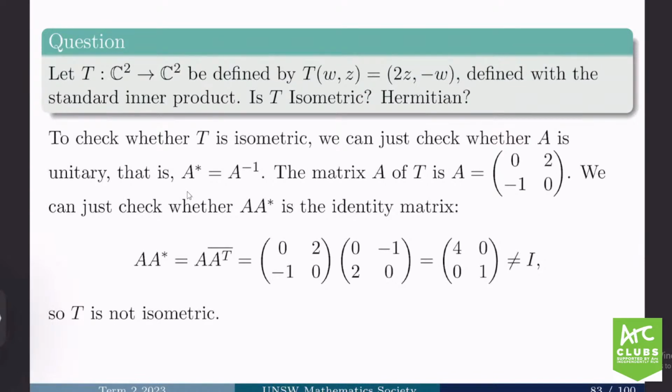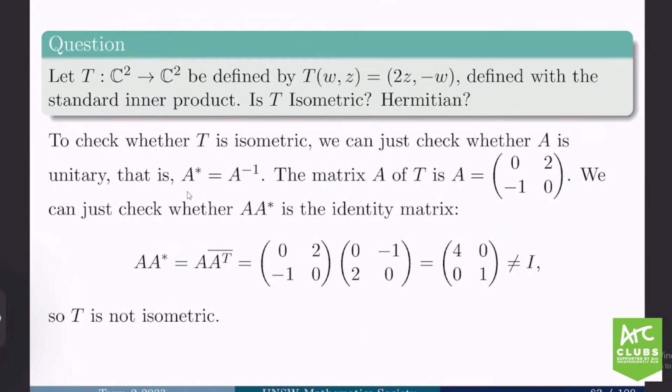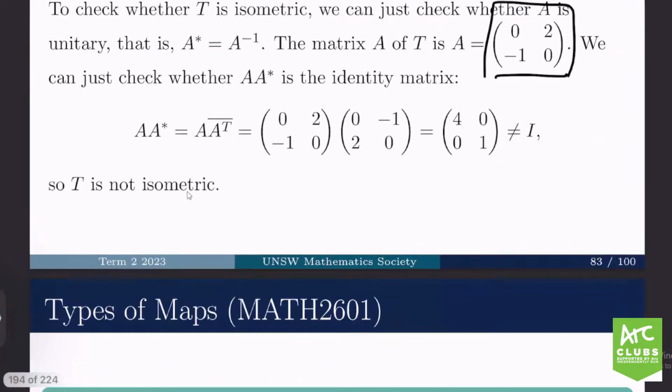That's just taking out, okay, if we have T of 1, 0, what do we get? T of 0, 1, what do we get? Now we'll get this as our matrix. And then all we have to do now is find, what is A star? So A star is the conjugate transpose, okay? So in that case, it will just be 0, 0, -1, 2, okay?